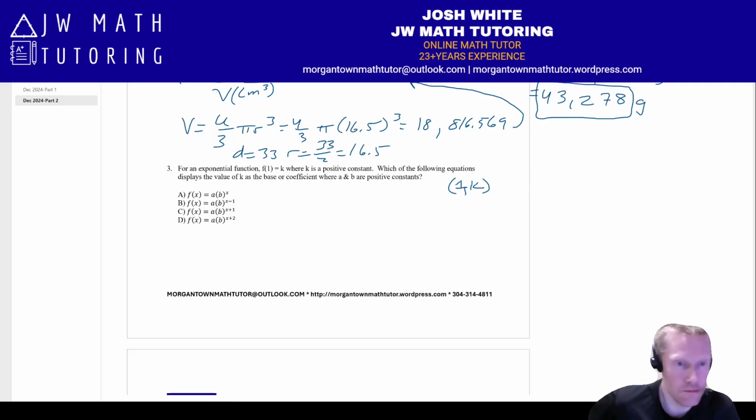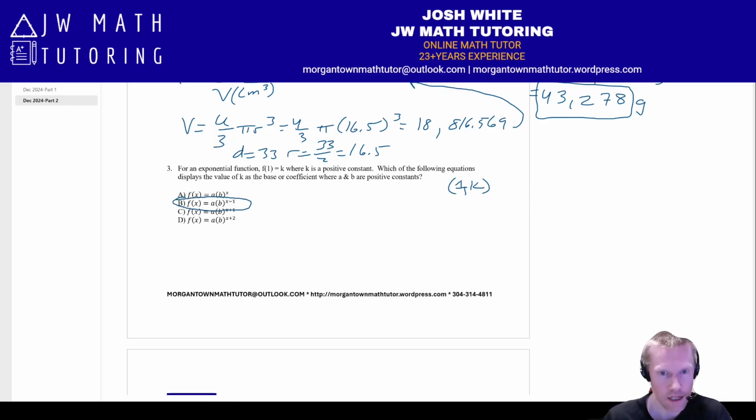So the answer to this question is going to be letter B. And the reason I can tell that just by looking at it is because whatever the number is in here, for this type of question, you want the exponent to be x minus that value. So if this number inside here was 2, then we'd be looking for a function which had an exponent of x minus 2. All right.